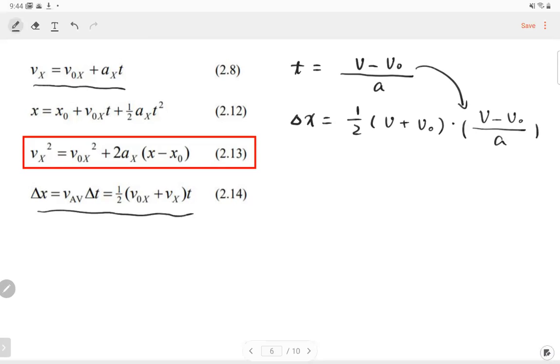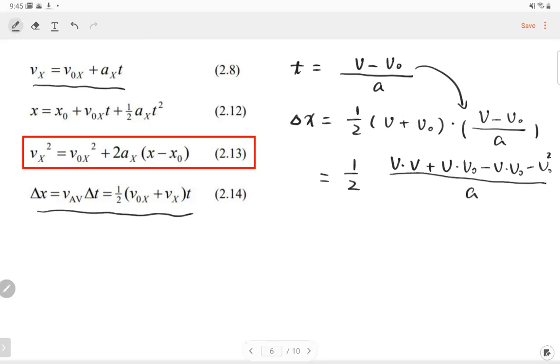Okay, let's do the simplification. We will have 1/2, and the numerator will be v times v plus v times v0 minus v times v0 minus v0 squared, divided by acceleration.